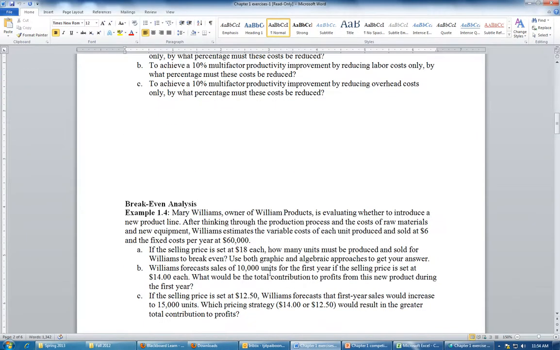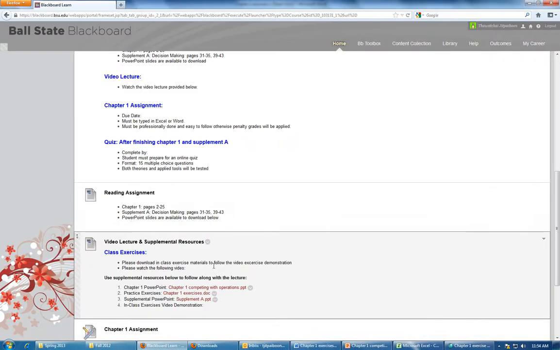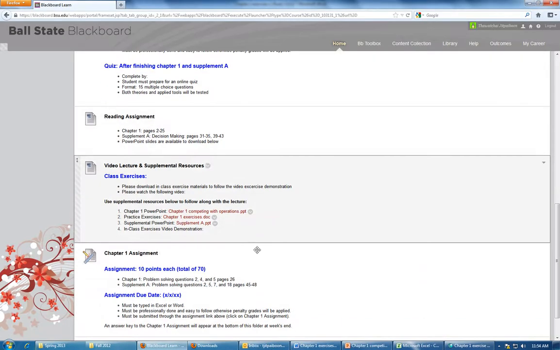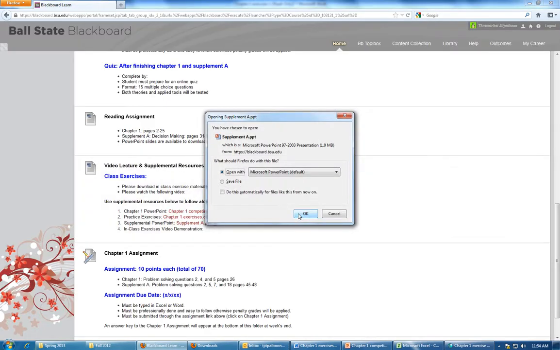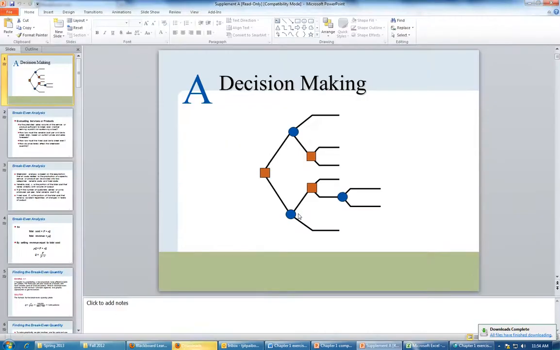On exercise 1.4, we are going to go back to the supplement A slide. When we open it, we call it decision making.